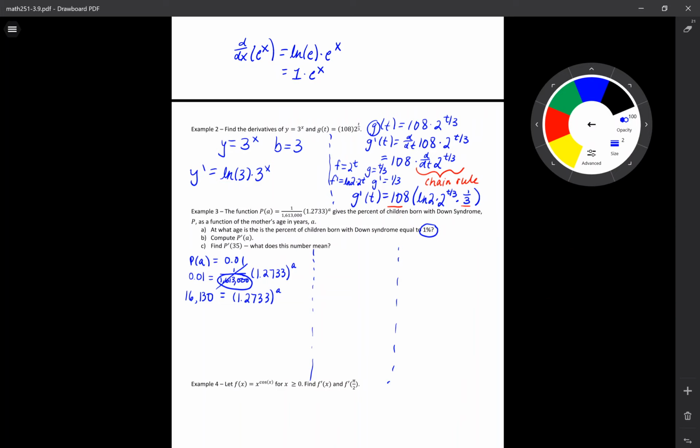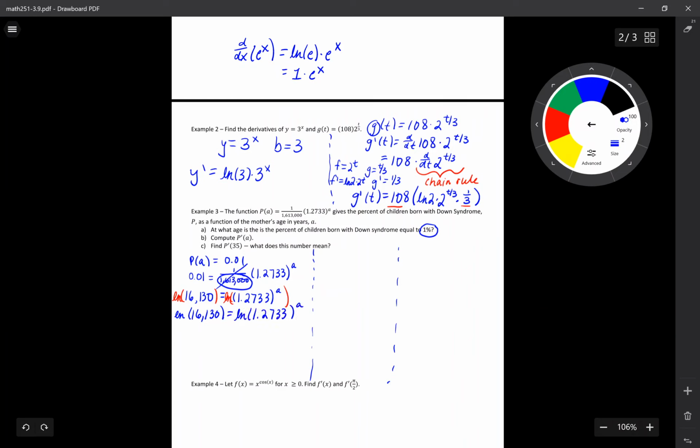Well, one way to do that is to take the natural log of both sides, right? Here my a is in my exponent, so let's see what happens if I take the natural log of both sides. So I would get the natural log of 16,130 is equal to the natural log of 1.2733 to the power of a.